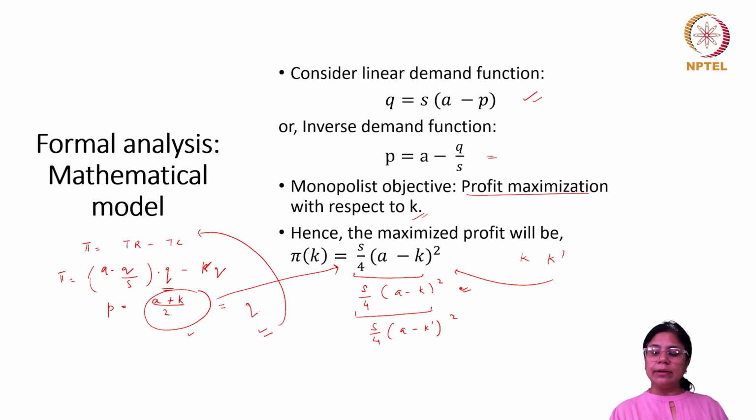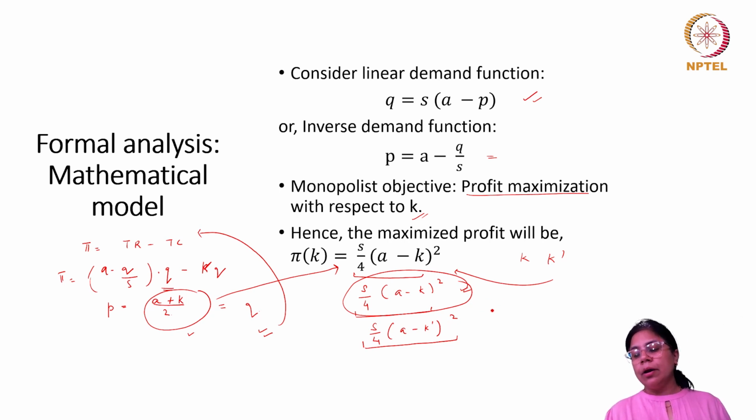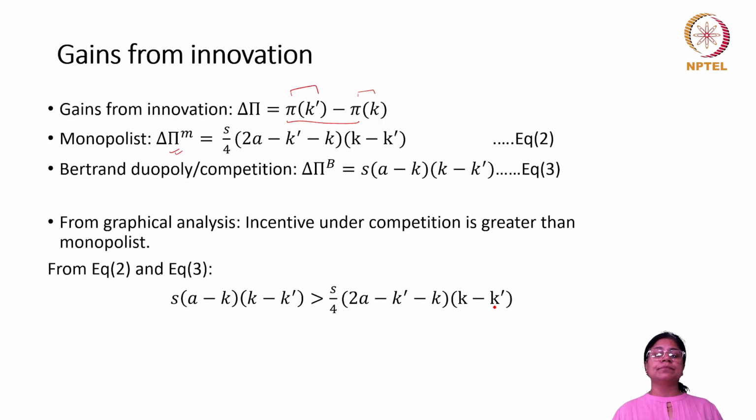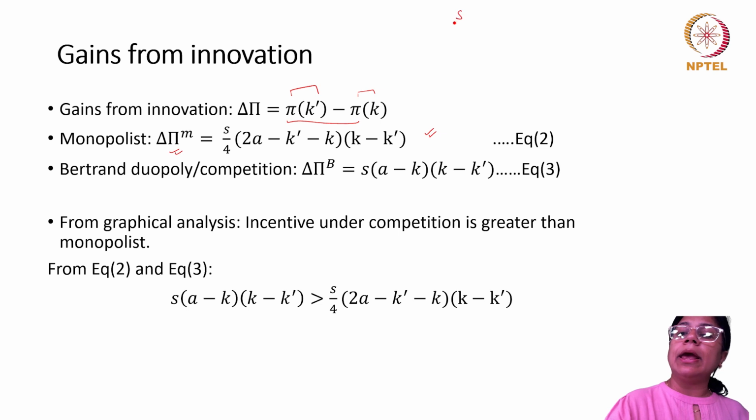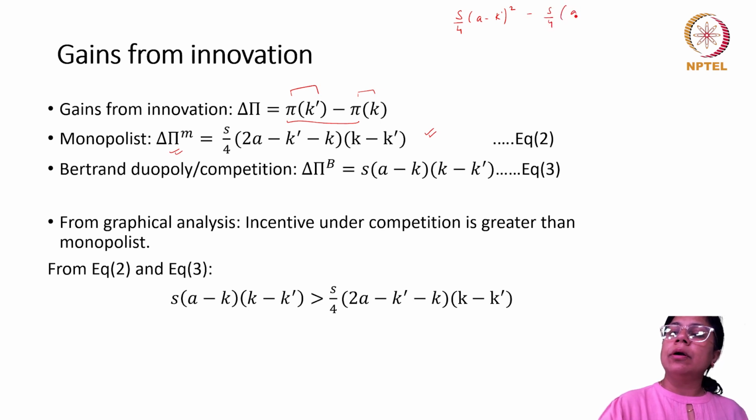We are going to subtract the term based on the profit attained by the monopolist when the cost of production is K from the profit which the firm will get when the cost of production is K prime. So this is what we have done here, and after readjusting the terms, this is what you will get. Just to give you a brief idea, what we have written is S by 4 (A minus K prime) whole square minus S by 4 (A minus K) whole square.